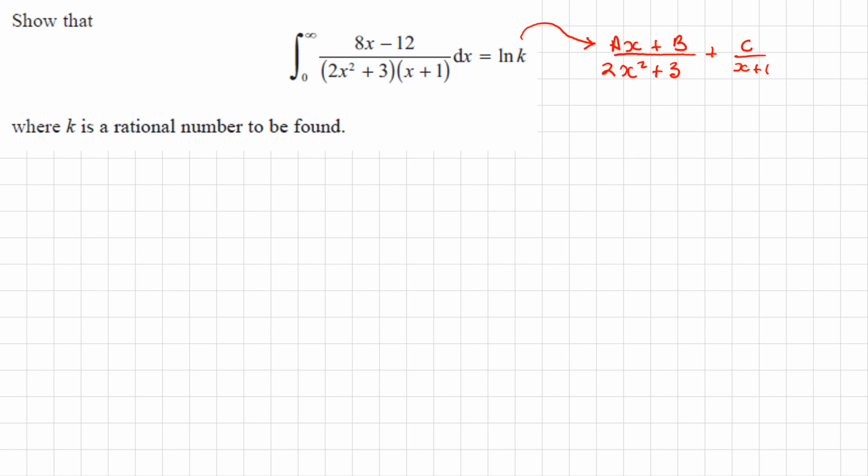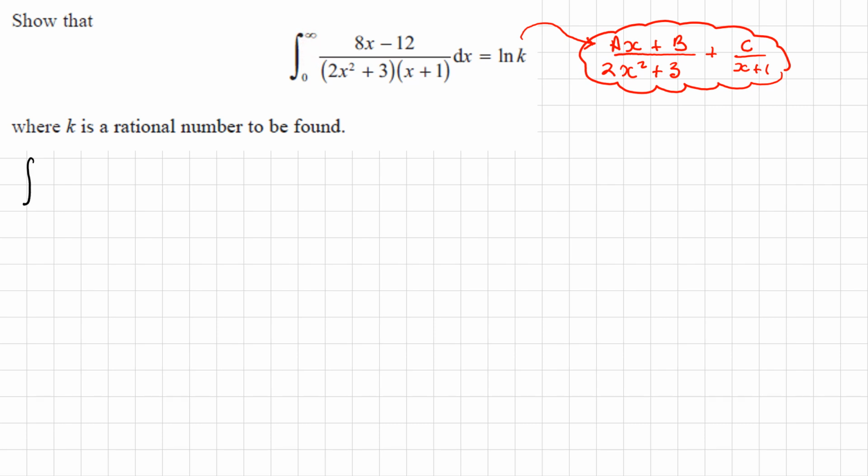So you don't just write a over 2x squared plus 3, it must be ax plus b over that denominator. So we're going to write it in that form, and that's going to allow us to change it to partial fractions. And then once we've done that, we'll think about the improper integral, that limit.